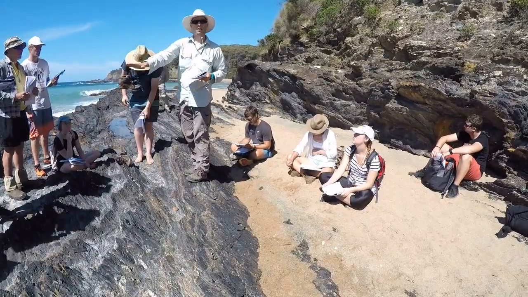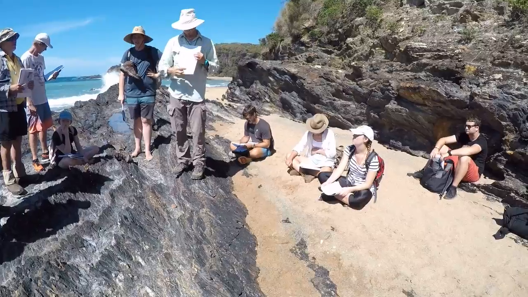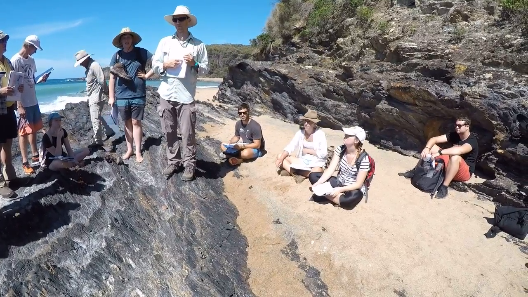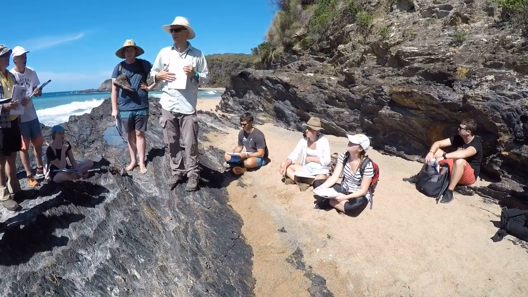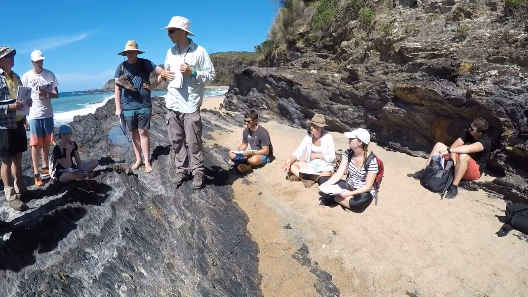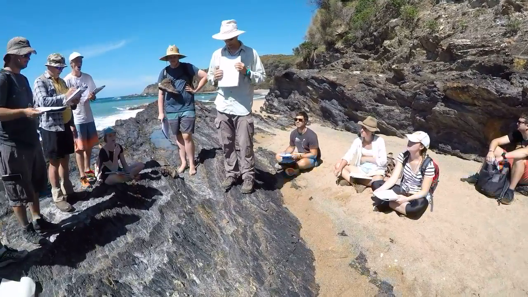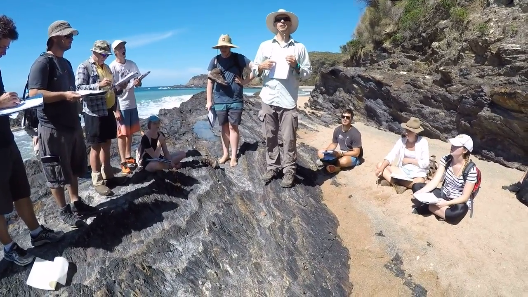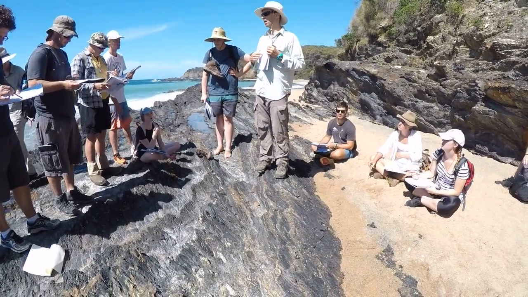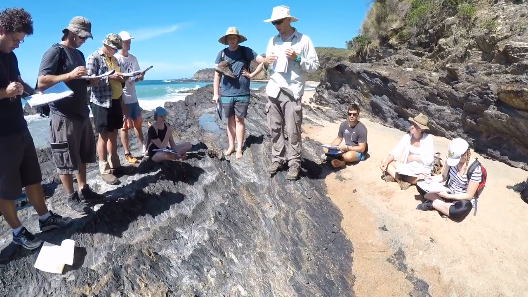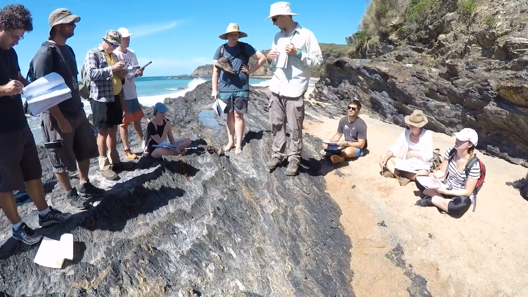Instead of the top of your diagram being up and the bottom being down, your sketch is a map view. Everything is at sea level. Okay, up is this way, down is that way. So what we need in here is a north arrow. Okay, and then you need to sketch the position of bedding and cleavage in this area.